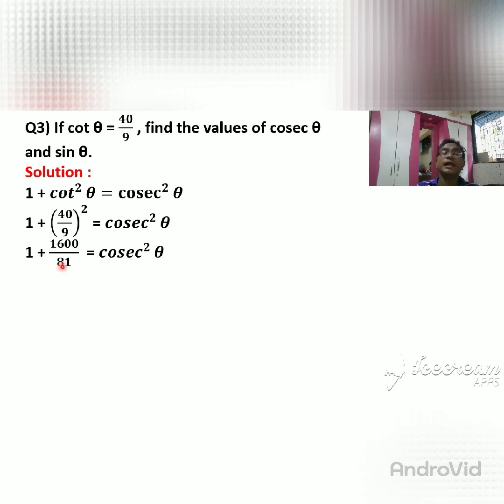So we can find the LCM. LCM is 81, so I write here LCM 81, and 81 multiplied by 1 gives 81, plus 1600.